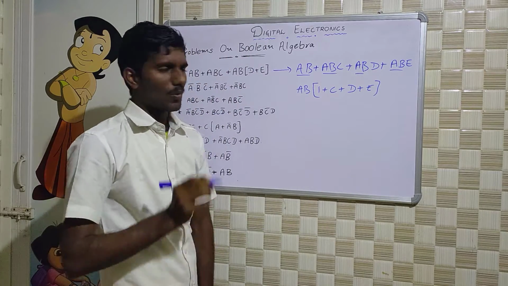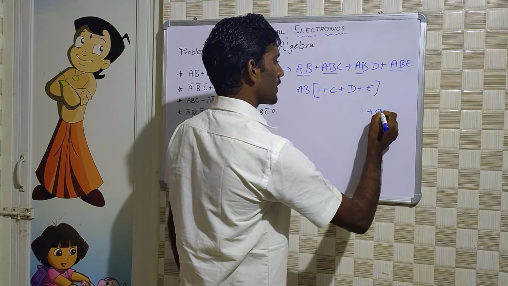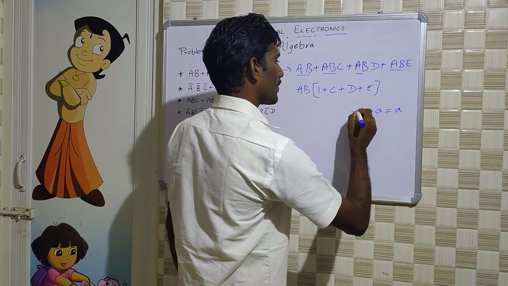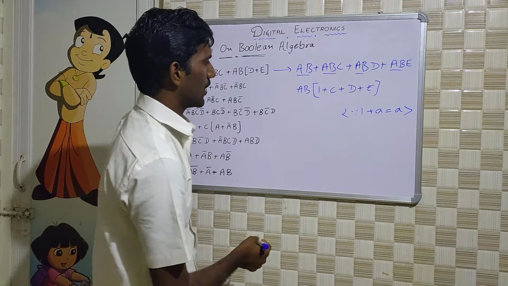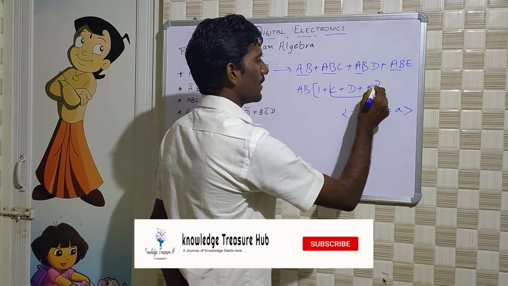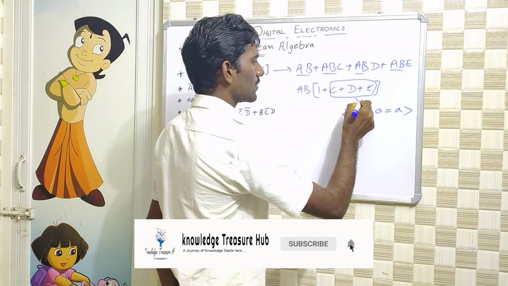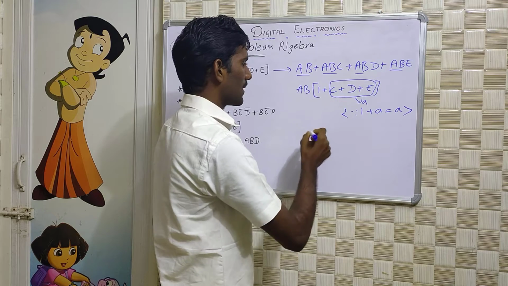We know from the properties of Boolean algebra that 1 plus A is equal to 1. So we consider C plus D plus E as A, and then this entire term becomes 1.